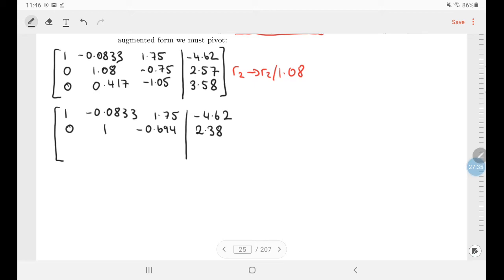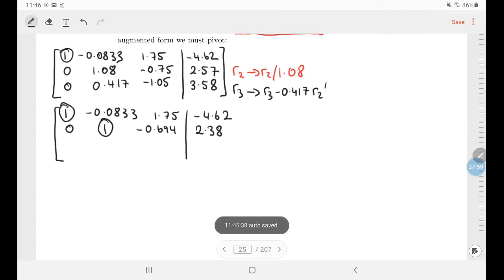Happy days. And now I want to kill the 0.417. So I'm going to do row 3 minus 0.417 times the new row 2. I got this pivot and used it to kill the things underneath, and now I have this pivot, I'm going to use it to kill the things underneath using this row operation.